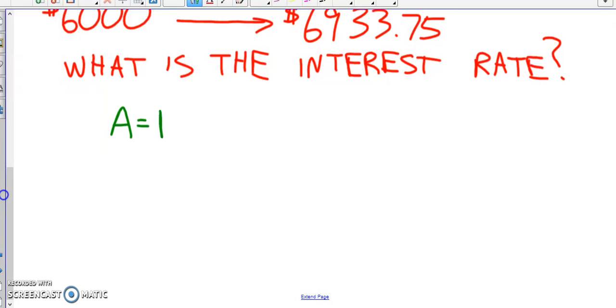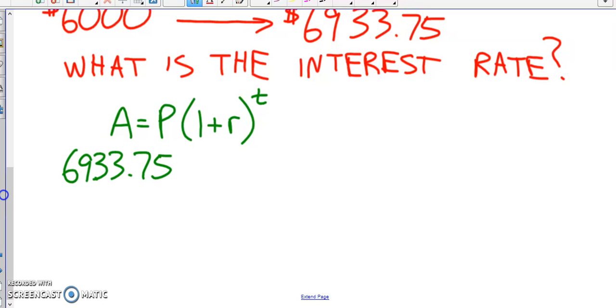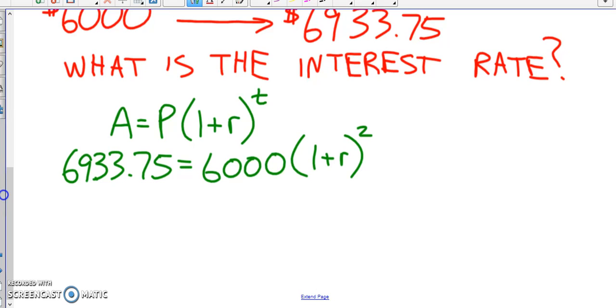A equals P times 1 plus R to the T. 6933.75 equals 6,000 times 1 plus R, and since T is 2, that's squared, which is what makes this quadratic.